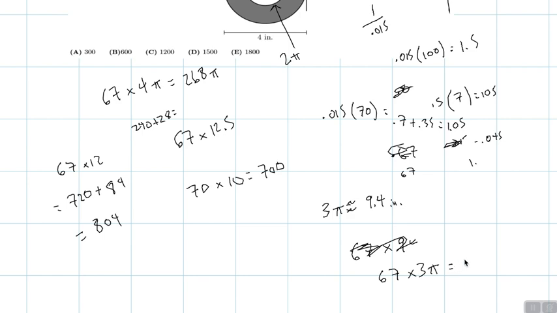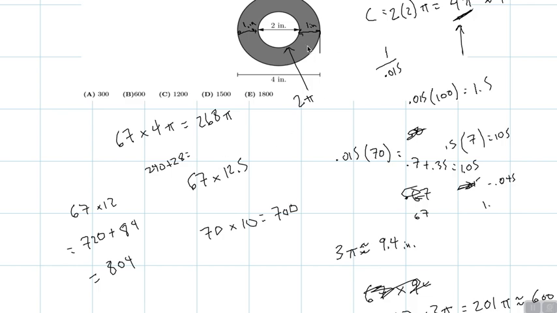That's going to be 201 pi. And this is about 600.